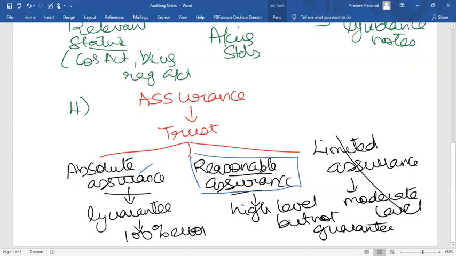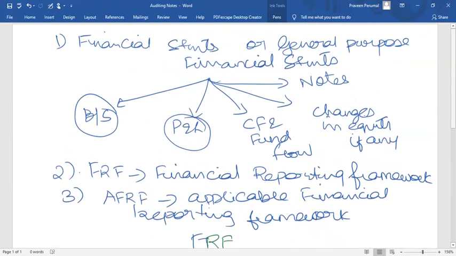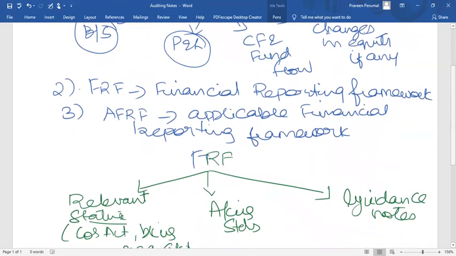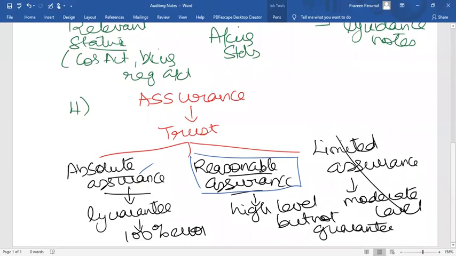So this is what I have taught you in this particular lecture. Let me recall whatever we have seen. Financial statements comprise 5 things: balance sheet, P&L, cash flow and fund flow, changes in equity if any, and notes to accounts. FRF means financial reporting framework, or AFRF, applicable financial reporting framework, comprising 3 things: relevant statute, accounting standards, guidance notes. Then assurance refers to trust.